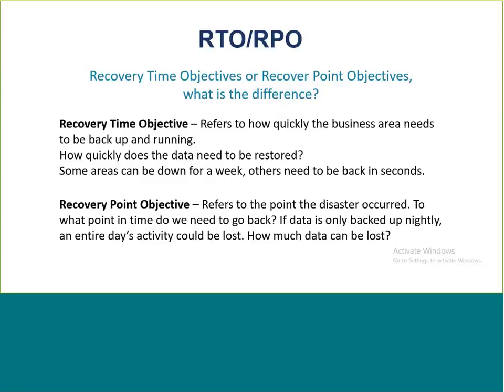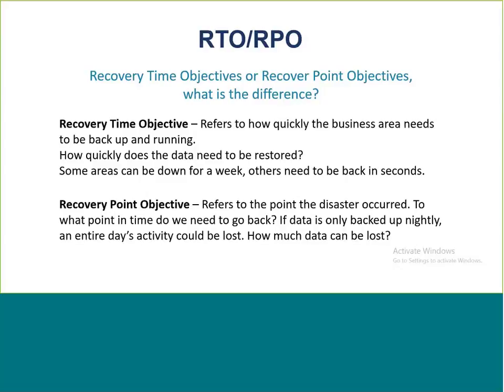So you would say, if I'm backing up my data nightly, let's say, every night I do a backup, and the disaster occurred at the end of the day, I backed up my data last night, and my disaster occurred at the end of today, I'm going to lose potentially a whole day's worth of data and activity, right? So that could be big.